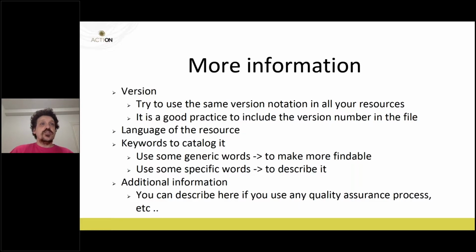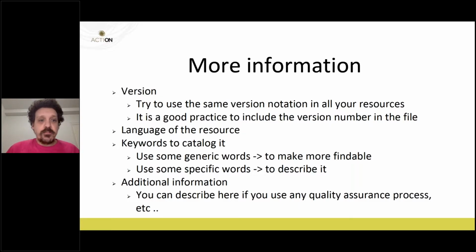So some advice: try to use the same version notation in all your resources. For example, if you name it version 1 or version 2, don't say in another resource that it is version A, B, C. It doesn't make sense. Try to do it exactly in the same manner.